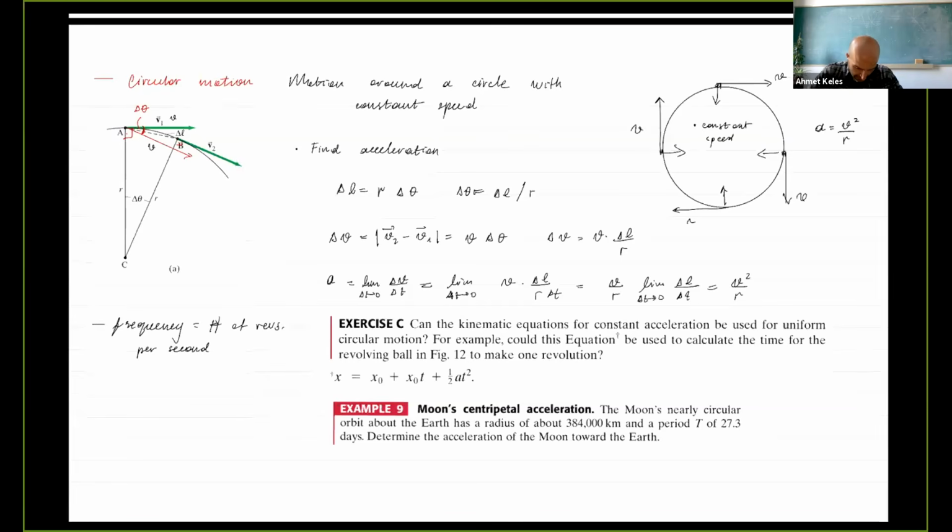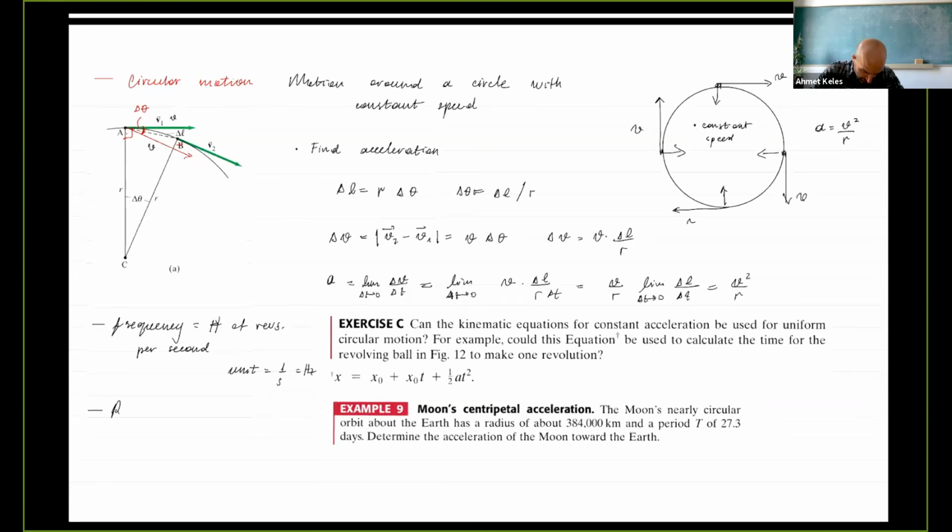And its unit, maybe I ask you, the unit of frequency is number per second. Number is unitless. The number of revolutions doesn't have any unit. So it should be 1 over second. Sometimes people call this hertz.